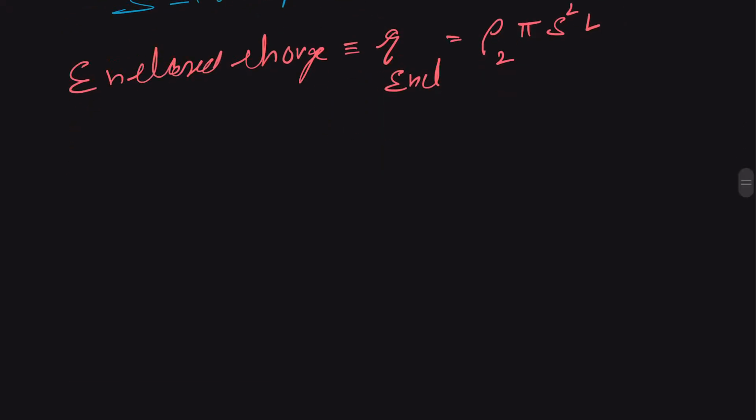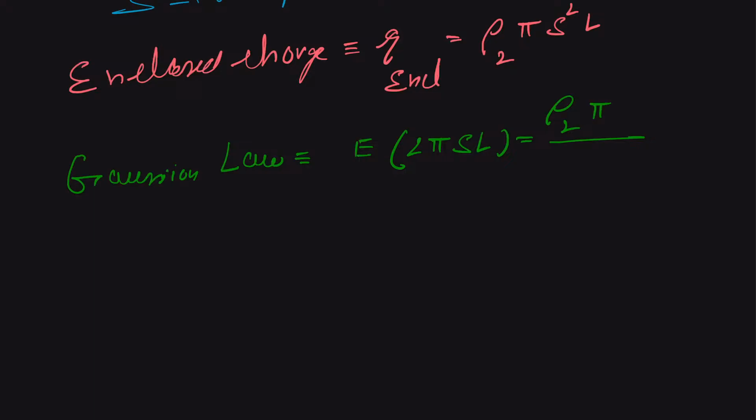Now we can use our Gauss law, which gives us the electric field times 2 pi s L equal to the charge enclosed divided by epsilon naught. The charge enclosed is rho 2 pi s square L, divided by epsilon naught.